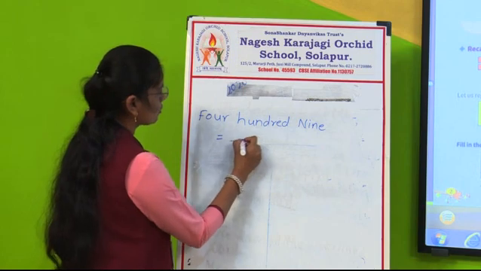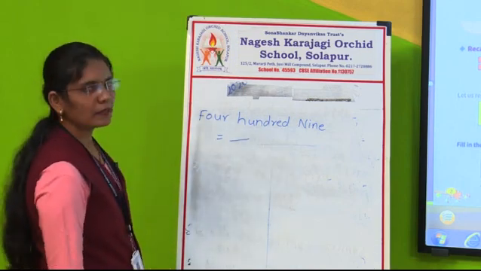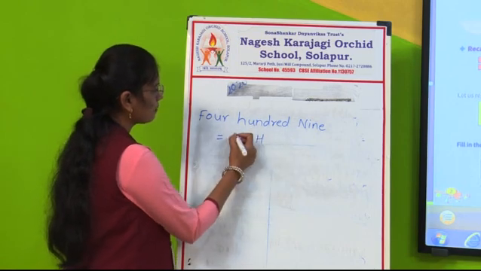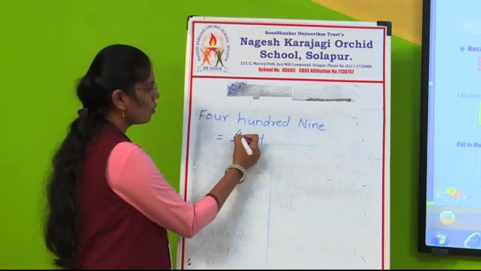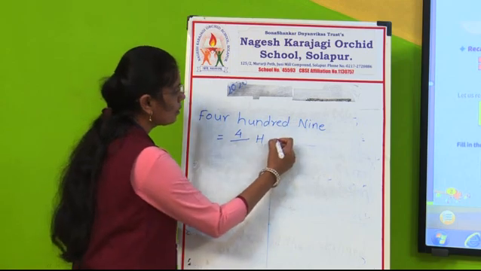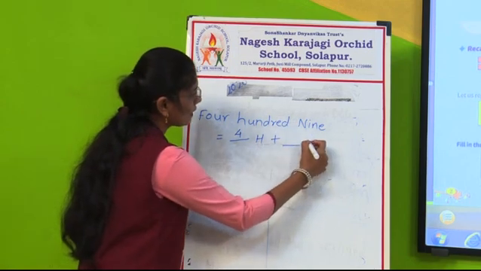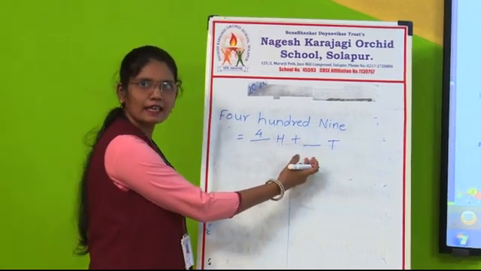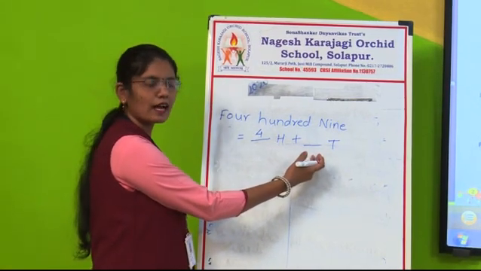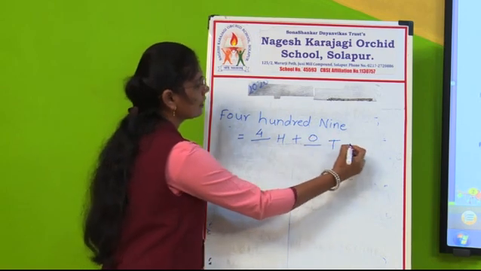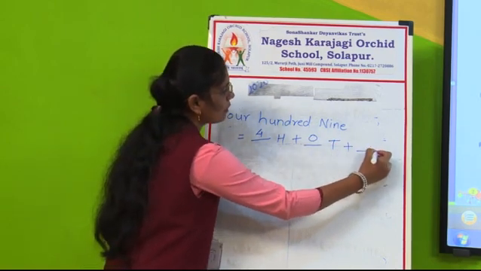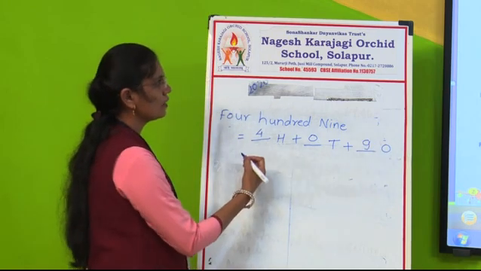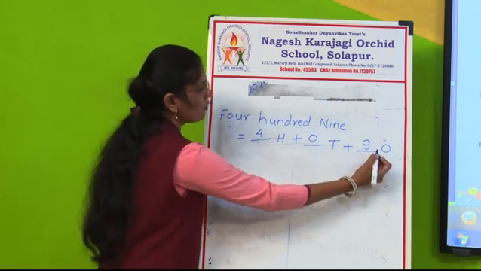Now in this example, how many hundreds are there? 400. So at the hundreds place what should we write? 400. 400 plus how many tens are there? 409. Nothing is there at tens place, so we should write 0 at tens place. Plus how many ones are there? Yes, 9 ones are there. So we will write 9 at the ones place.